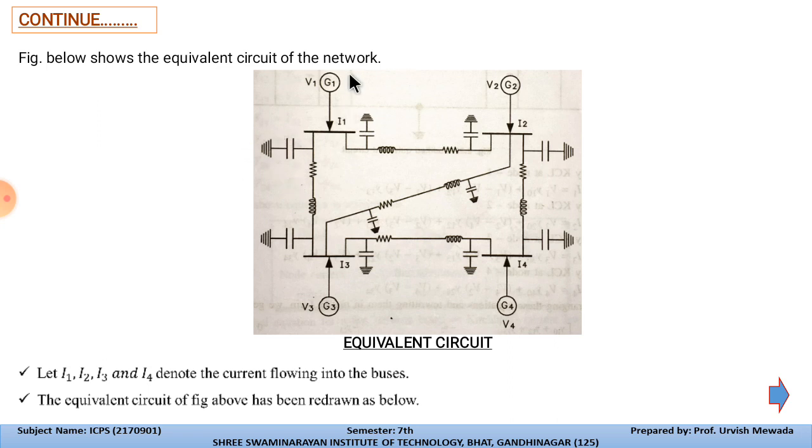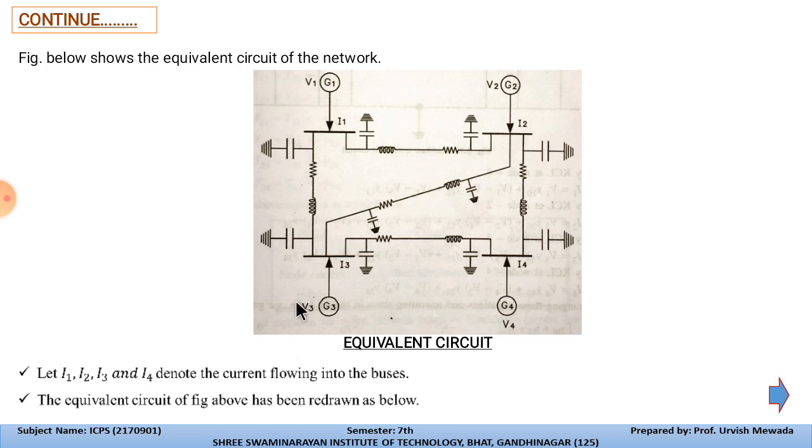The voltage of generating station 1 is V1, similarly for G2 it is V2, for G3 it is V3, and for G4 it is V4. The current for the respective buses is I1 for bus number 1, I2 for bus number 2, I3 for bus number 3, and I4 for bus number 4. Now this is the equivalent circuit of the network.